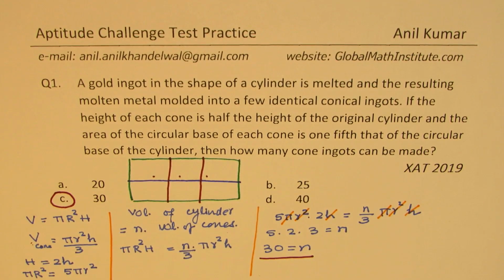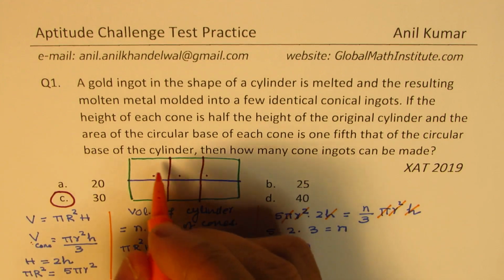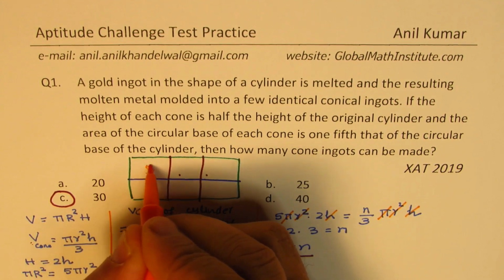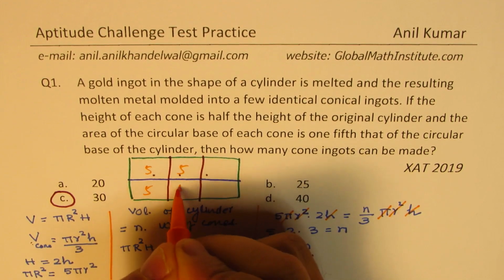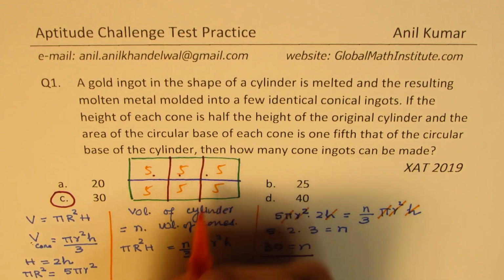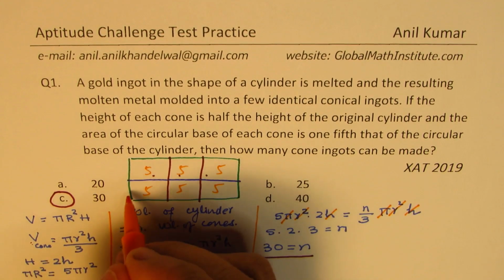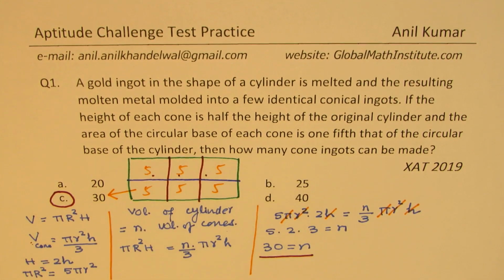So now we are given another condition which says area is in five parts. So here we have five parts of each, right? So we have 5, 5, 5, 5, 5 and 5. Do you see that? So five parts, you can now count the number of cones, which are 5 times 6, and you get your result 30.